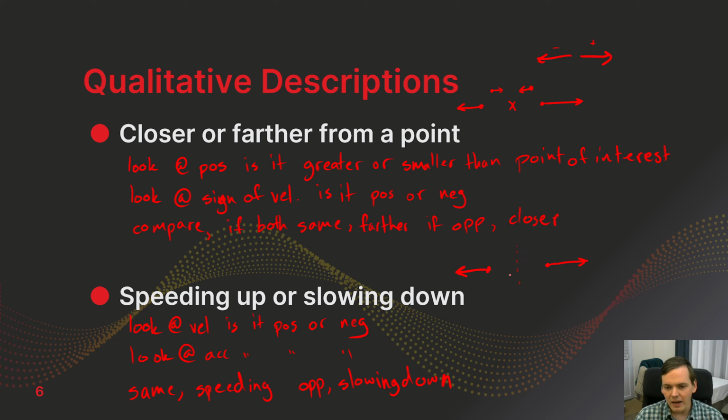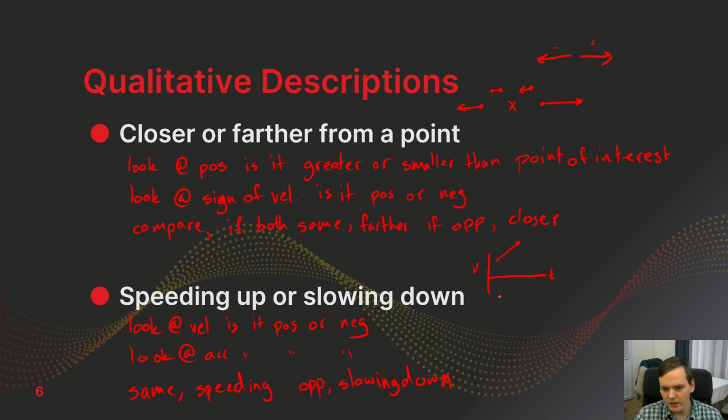Actually, let me draw this horizontally as a graph because that'll be easier to see. If I'm already positive and I get a positive slope, and this is a velocity versus time graph, then I'm going to get farther from zero velocity, so I'm going to get faster.